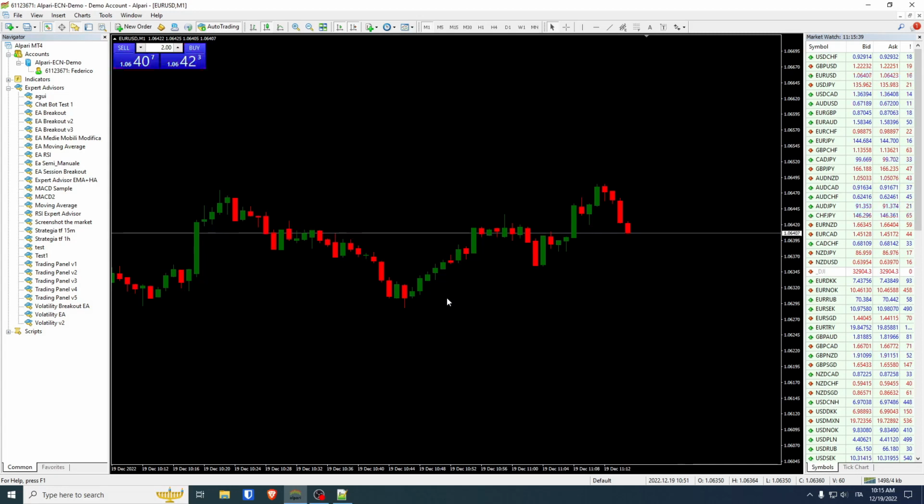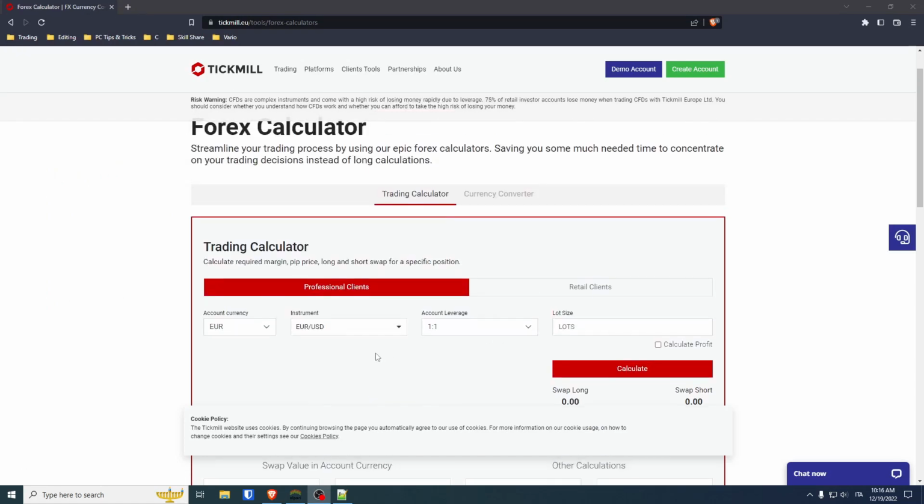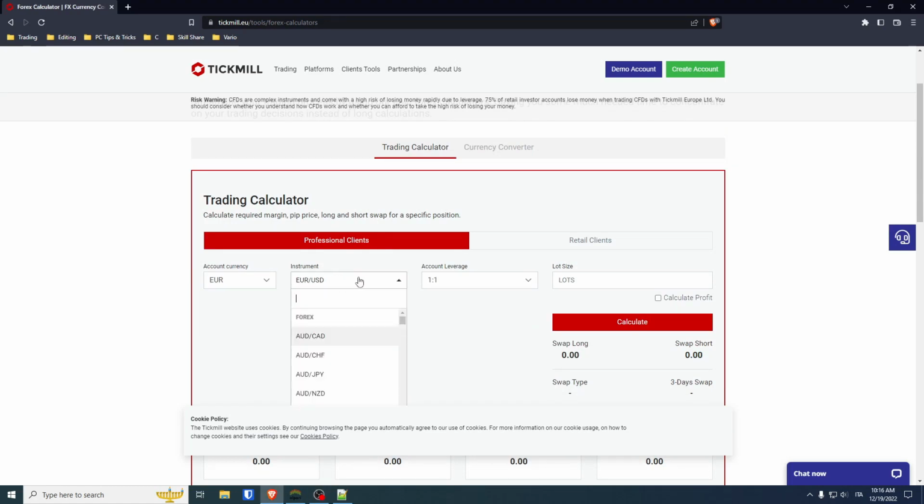You have to see your leverage, see how much you can open, and for this I'm going to give you this website. Go to this website, Tickmill Forex calculator, and right here you can select your account currency, instrument, leverage.